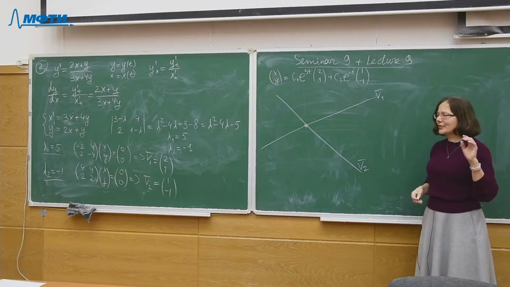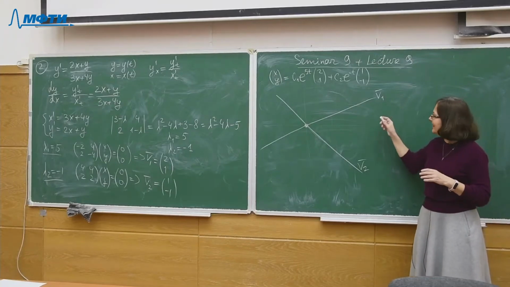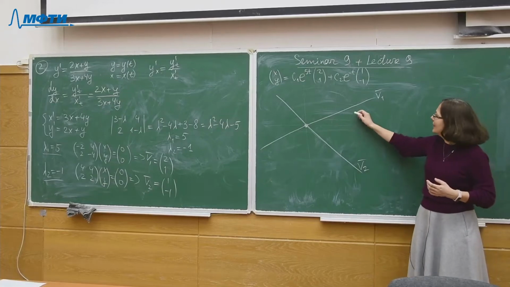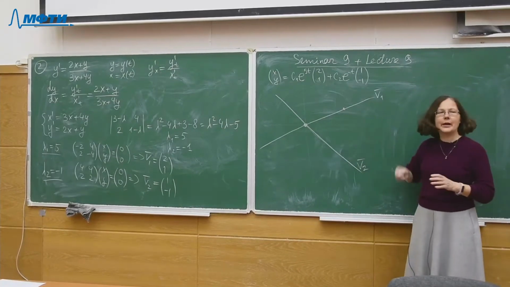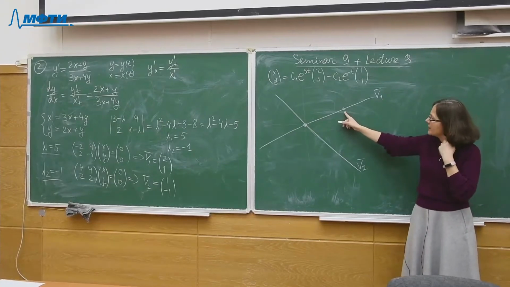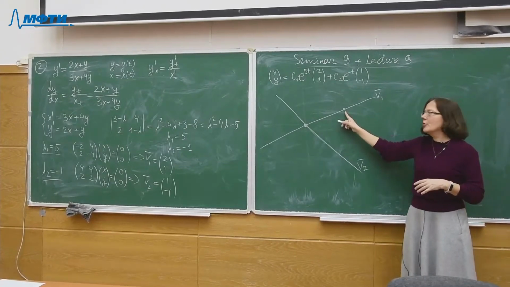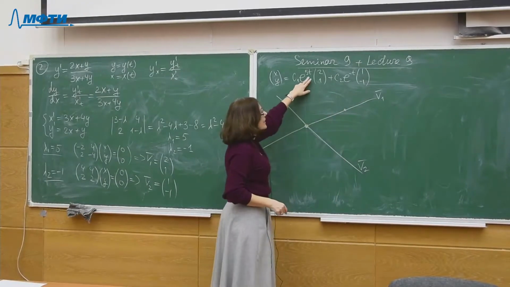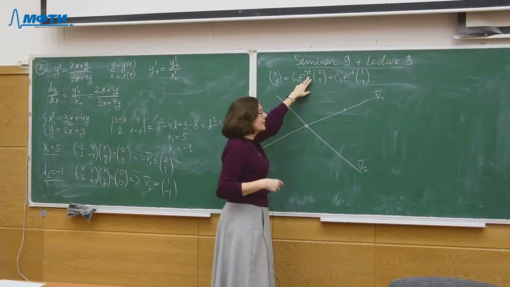So I will repeat some information for Kathy. I think if we start with a point on the line through V1, for example, from this point, what will be the behavior? So we want to know the behavior of the trajectory as t approaches positive infinity or negative infinity.